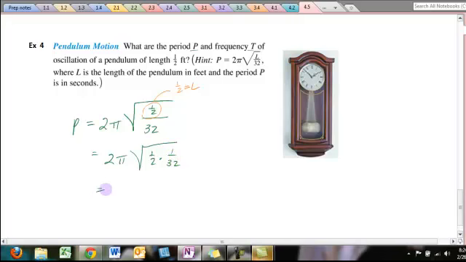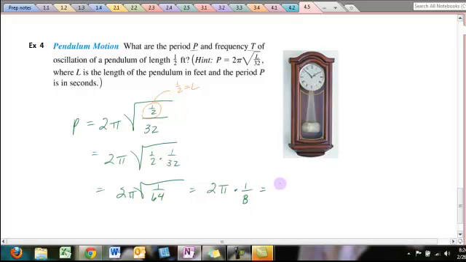Now, see where I'm going here? 1/2 times 1 over 32 is 1 over 64, which gives me 2 pi times the square root of 1 over 64, which would be 1/8. Or in other words, 2 pi over 8.